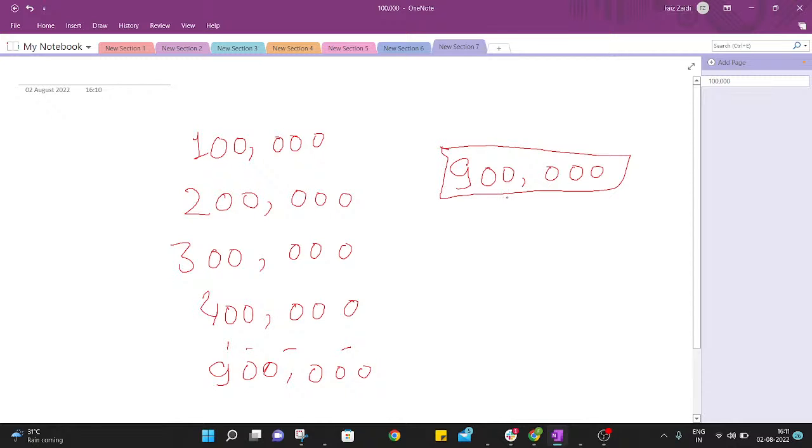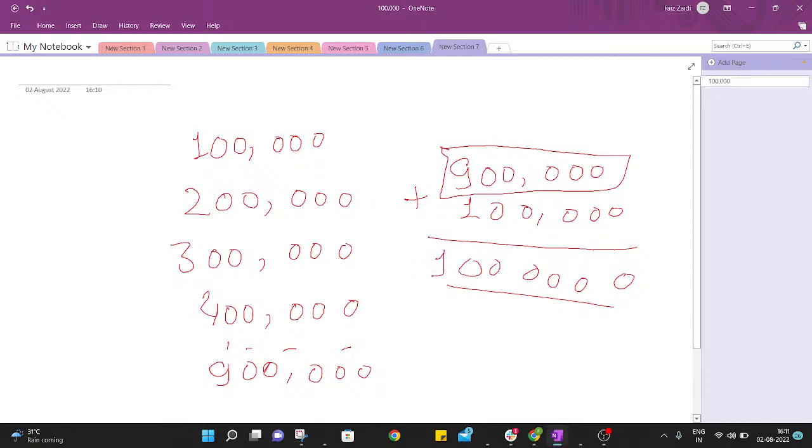After 900,000, if we add 100,000 more here, you are going to get a really large number. Okay, so what number are we going to get? All of these are going to be added. So it is 0 0 0 0 0 and 9 and 1 is 10 here.